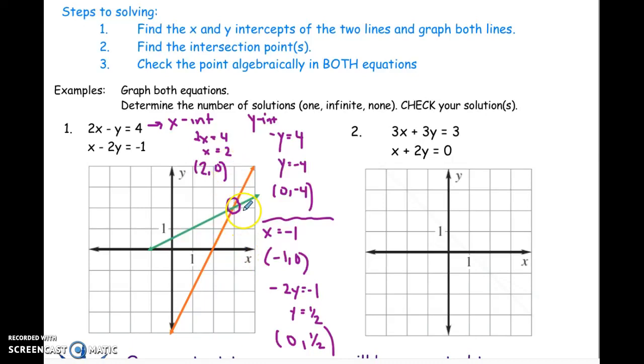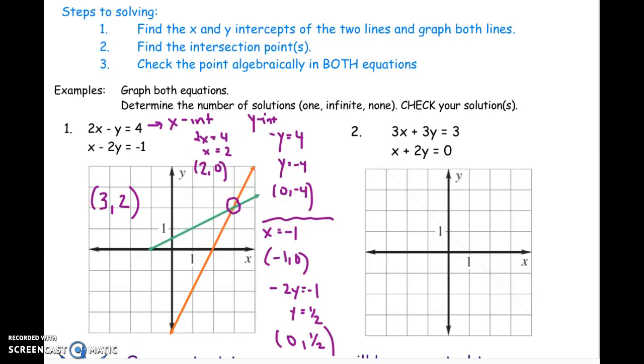When I graph these lines, I can clearly see the two lines intersect at one point. That is the solution. The solution to this system is the point (3, 2). Now on your quiz on chapter 3, do not turn it in until you've double checked that those are the correct answers.